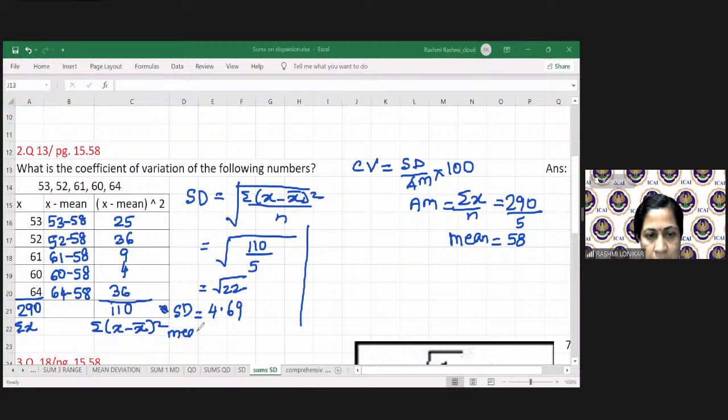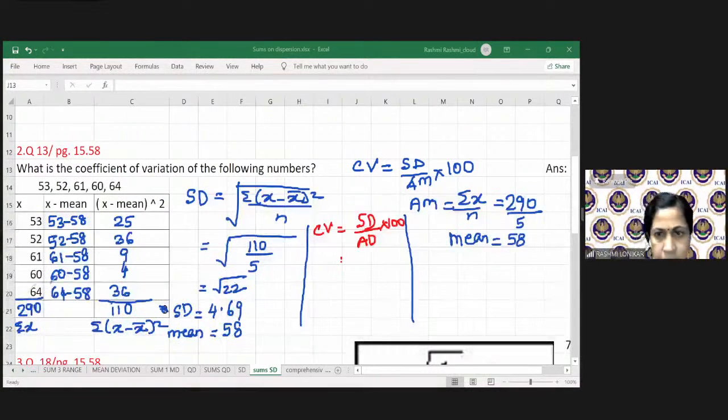मीन मेरा कितना है? अरिथमेटिक मीन वो है मेरा 58. और मुझे निकालना क्या है? So I have to find what? I have to find CV, isn't it? So CV is equal to SD upon AM into 100. Now how much is SD?